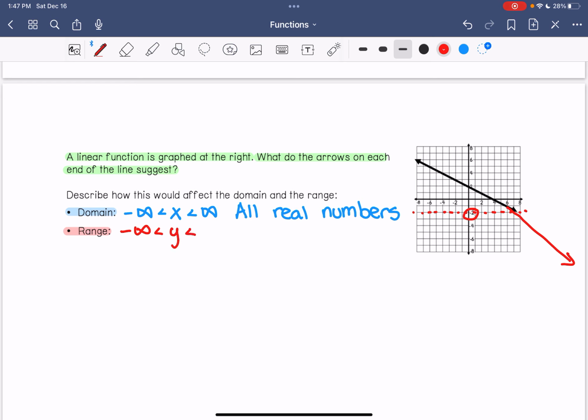And if we look at the top, at first it looks like our graph stops at +6, but it doesn't. It has an arrow that takes it higher and higher, all the way to +infinity. And again, when we're going from negative infinity to positive infinity, another way to say this is that our range is all real numbers.